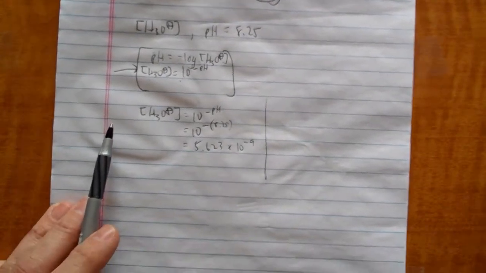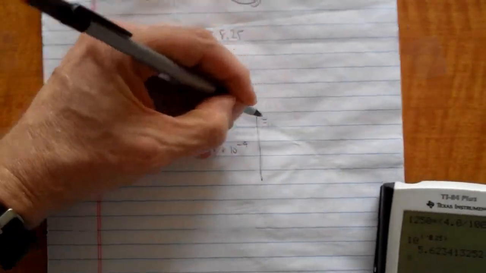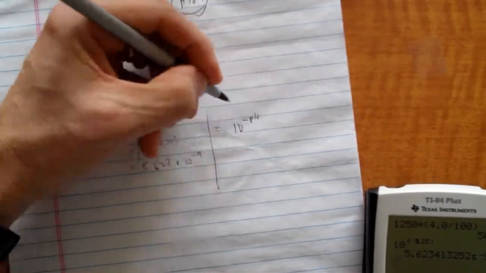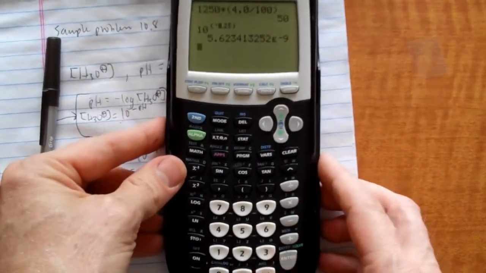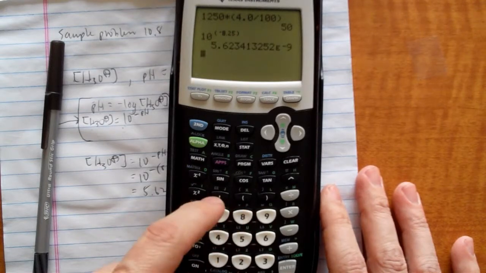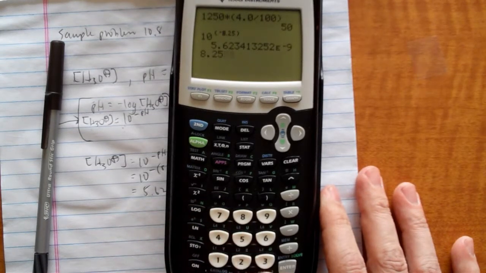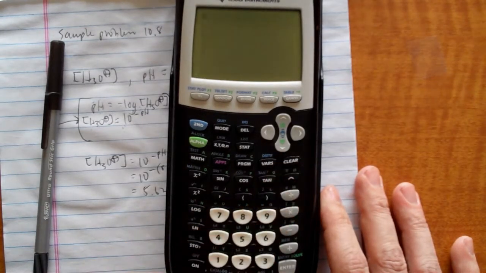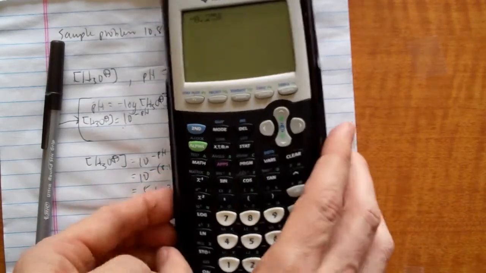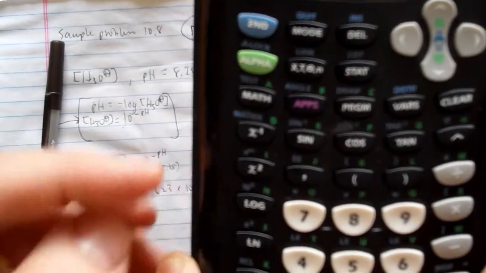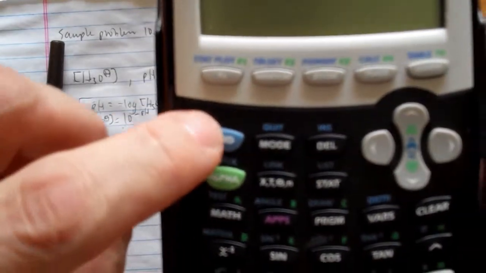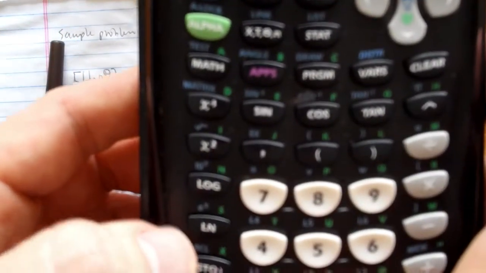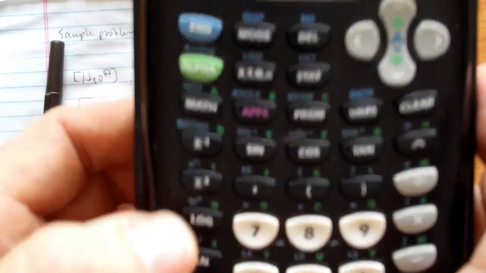All right. So what I'm going to do this time is say 10 to the minus pH, and this time I'm just going to put in 8.25 minus 8.25, right? And now I'm going to press the blue button first, and then that button.